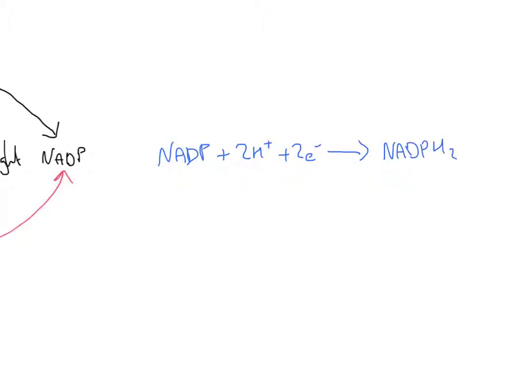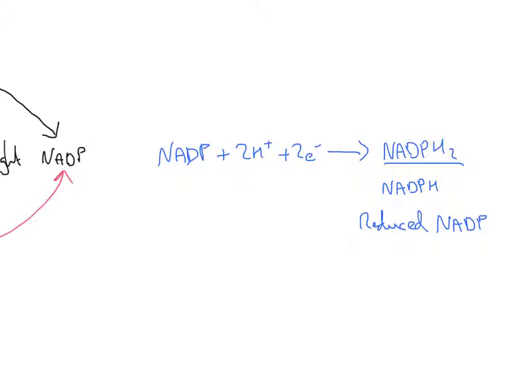Now NADPH2, also known as NADPH, or reduced NADP. For the purpose of the examination, they are all worthy of an answer. So I'm going to refer to it as NADPH2. The NADPH2 is a product of this reaction in much the same way as ATP is a product of this reaction.